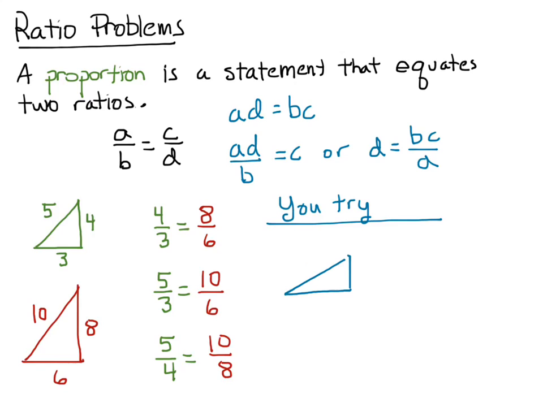Okay, so here's one for you to try then. If you have two similar triangles, that means their angles are the same and that everything's in proportion. What's the missing side here? How would you do that? So set up the proportion and then solve that.